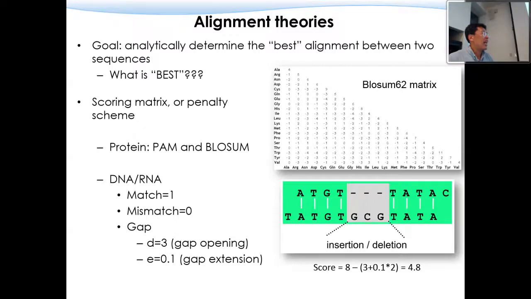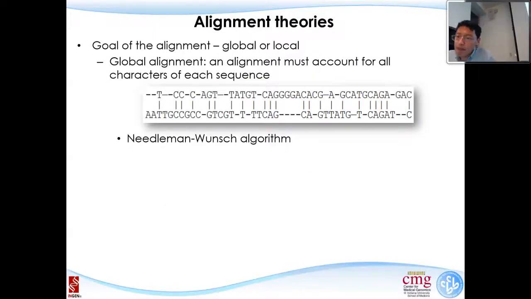So by the end of the day, these 2 aligned sequences have a similarity score of 4.8. Okay? But this is only a calculation based on this scheme. You can use other schemes as well. But the point of this slide is that before we get into the alignment, we need to define the similarity, and these are the matrices that you use for that.